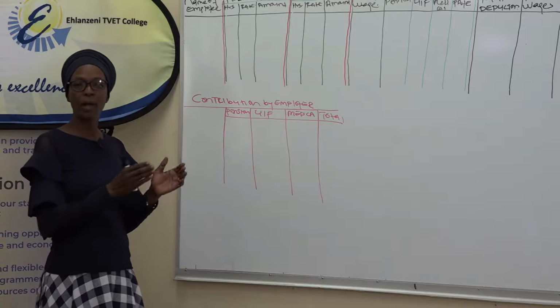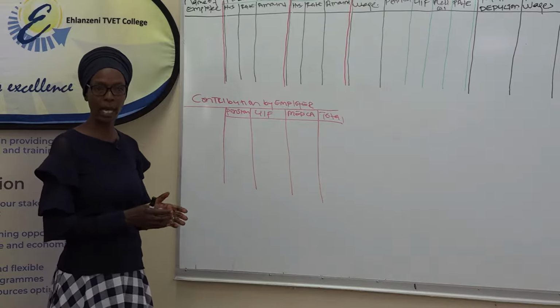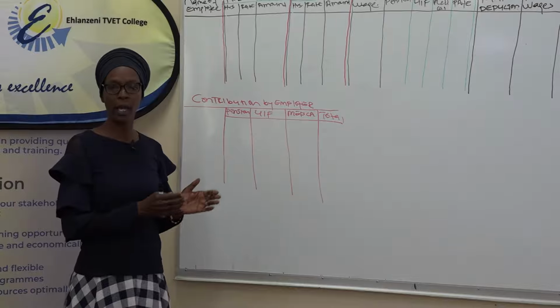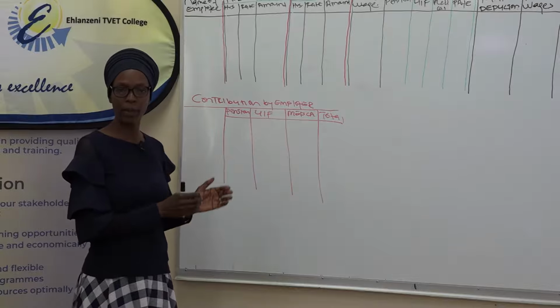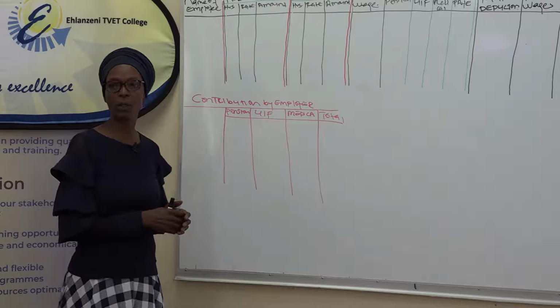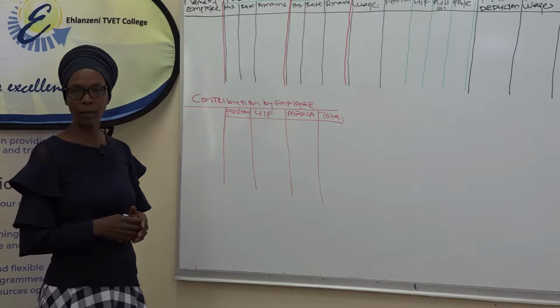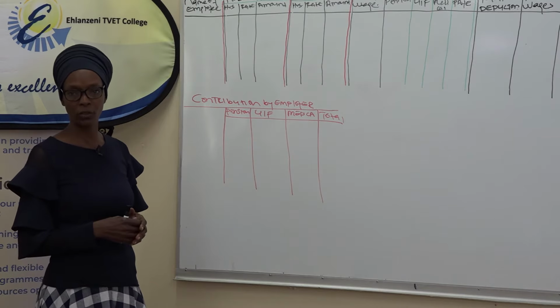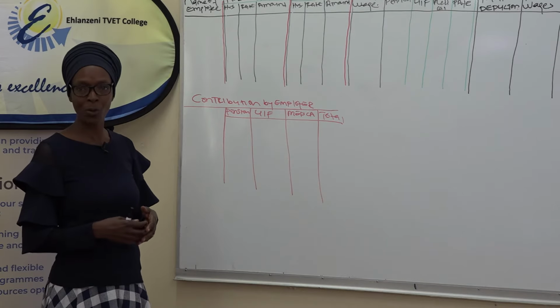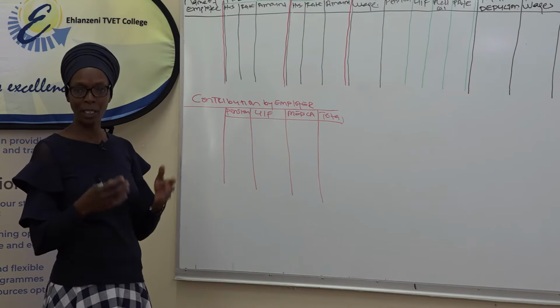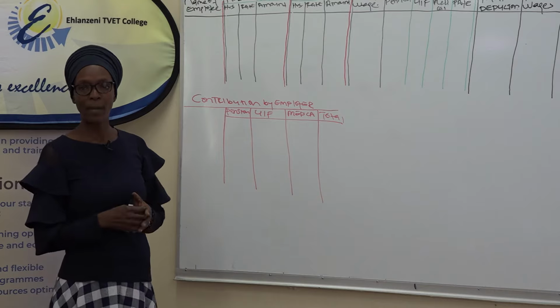We have the rate for normal time, that this particular employee earns so much per hour, and also the rate for overtime if that employee managed to go the extra mile and work overtime. He or she earns so much per hour.